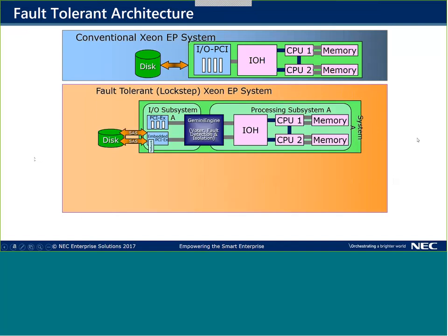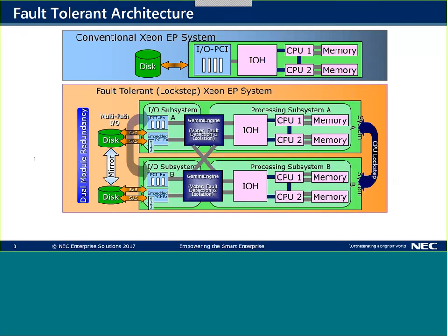What we do with the fault-tolerant server is we take that same architecture and we add to it something called the Gemini engine, which is shown in dark blue here in the center. The Gemini engine is proprietary NEC technology, secret sauce, if you will. Its purpose in life is to watchdog the system and talk to its counterpart on the other side.